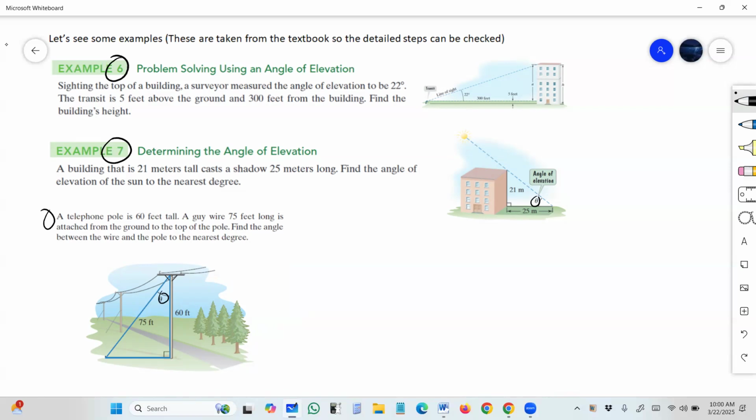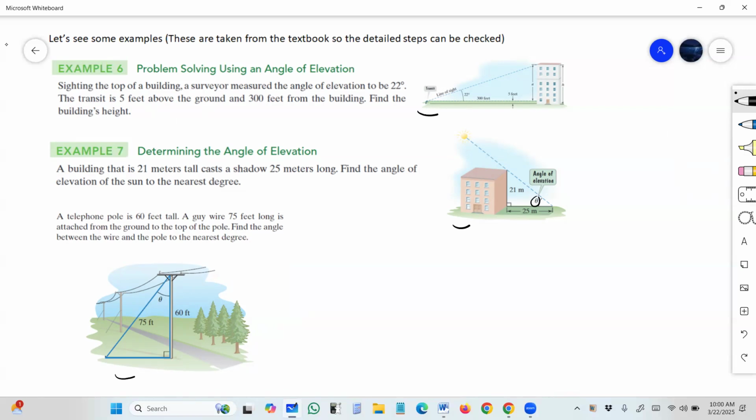We either have to find a side or we have to find an angle. Okay, so let's take a look at the first example, 6. And as you can see, I am giving you a picture, right? And if these are questions on the exam, I'll also give you a picture to simplify the work.